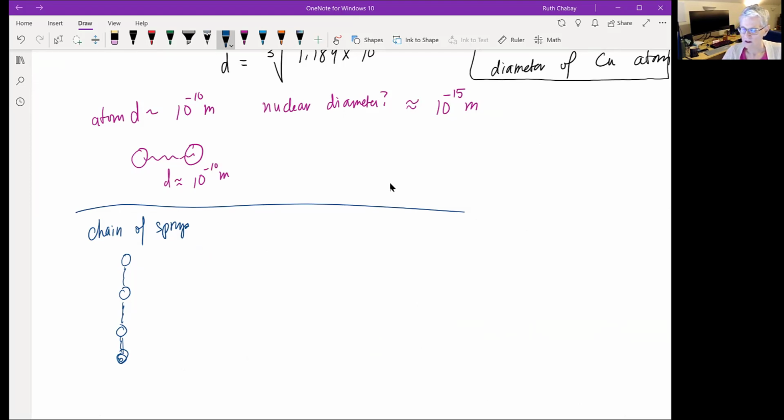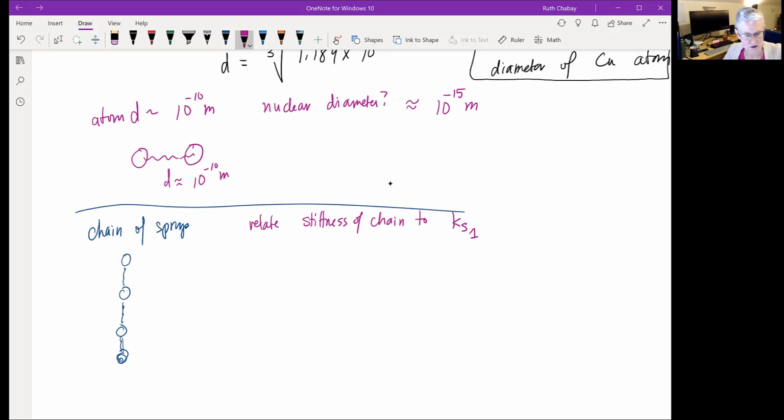So we need to relate the stiffness of the chain to K sub S for one spring.